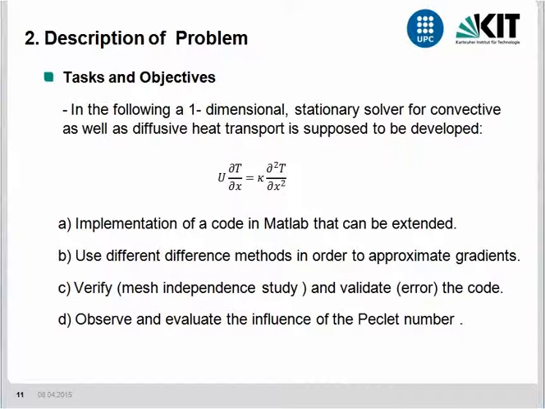It can be written that T is the variable being transported by the flow, and U is the fluid velocity, which, for simplicity, we take as constant. The fluid density and kappa, the heat diffusivity, are also taken as constants. The left-hand side of the equation represents the transport effect of T being convected by the fluid. The right-hand side represents the molecular diffusion of T.